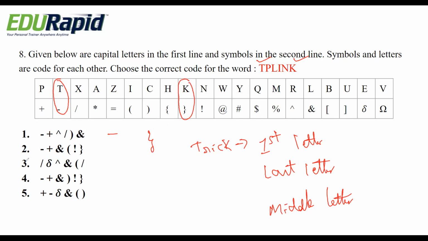Here options 2 and 3 are the same, minus and closed flower bracket. So the only change is the fourth term, which is I. For I it is an open bracket, so option 2 is the right answer.